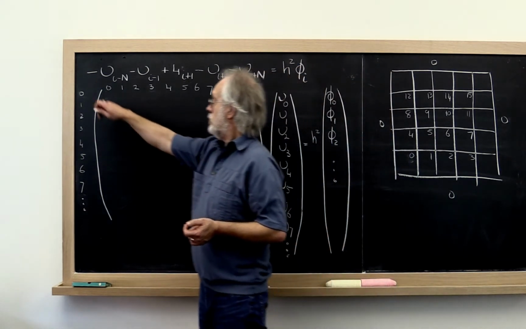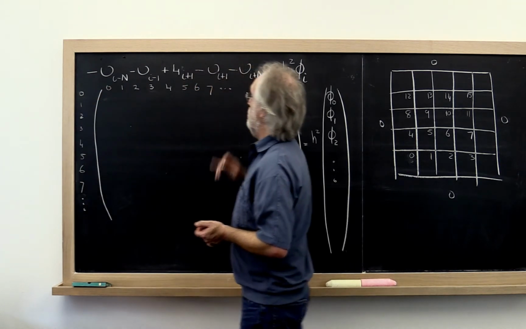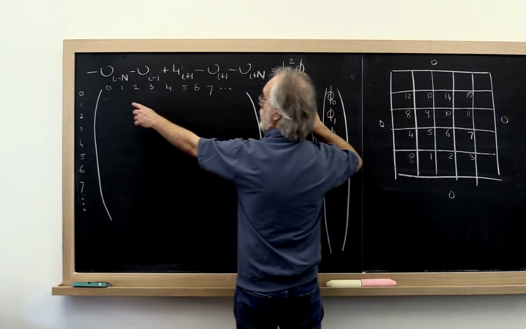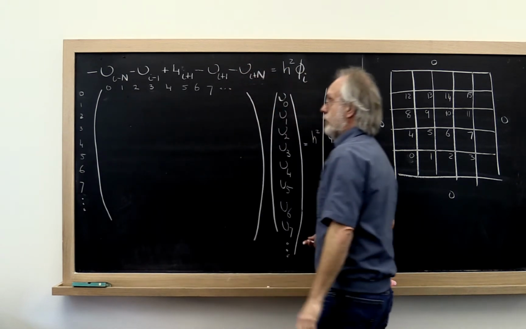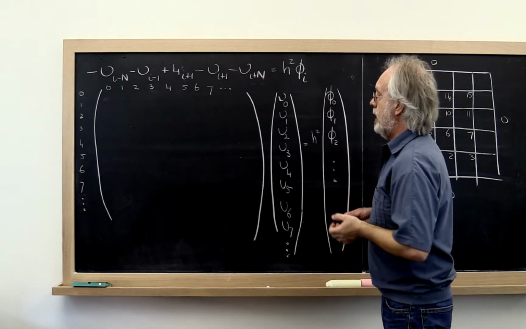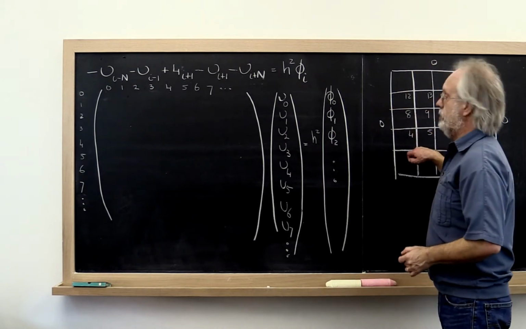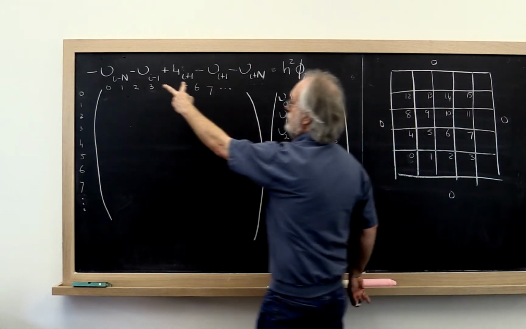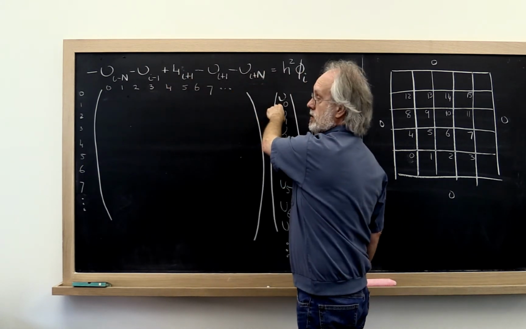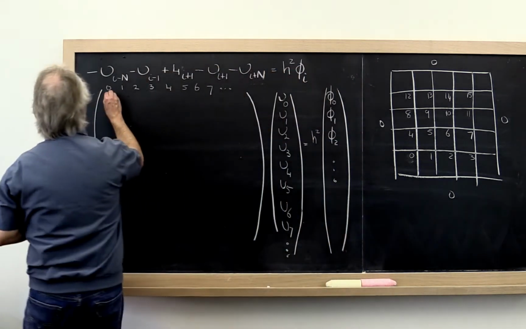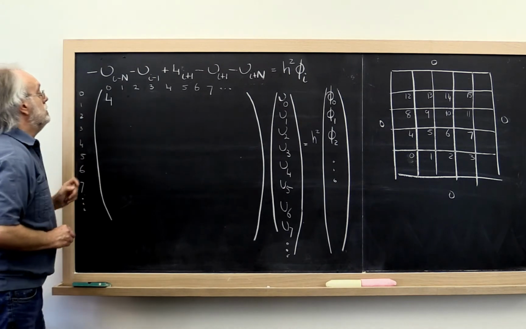These are rows and columns of the matrix, and remember that we end up doing some value here times that plus a value here times that and so forth. If i is equal to 0, then these two values are equal to 0. So we end up with a 4 times epsilon 0, so we end up with a 4 right here on the diagonal.